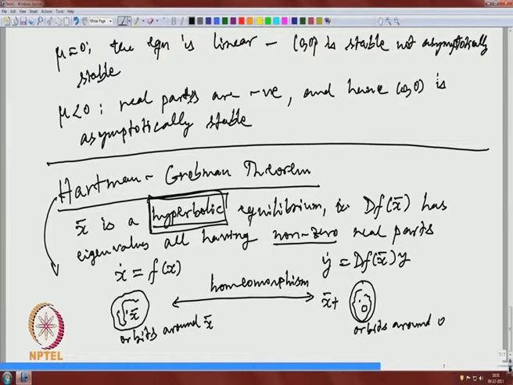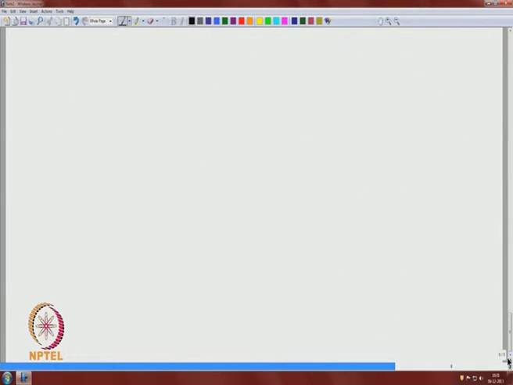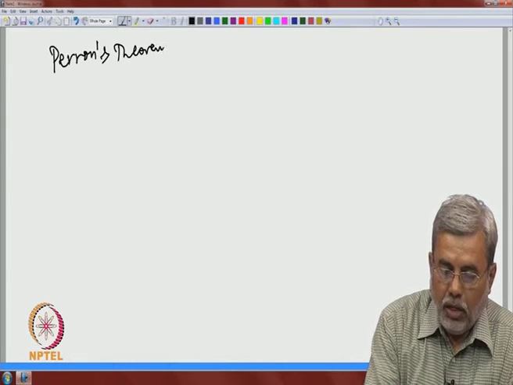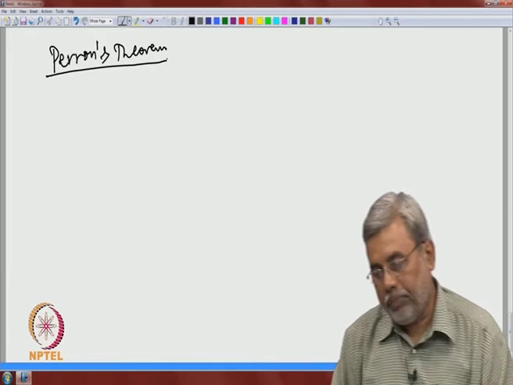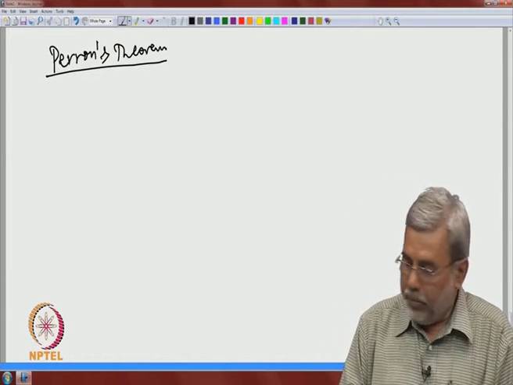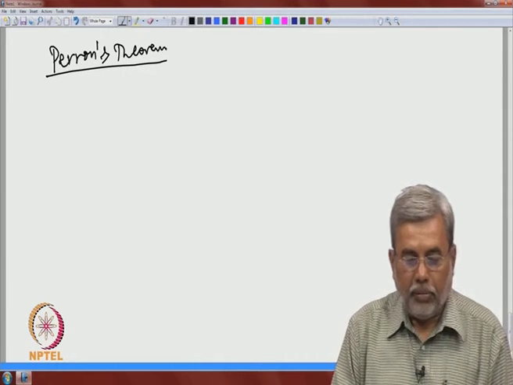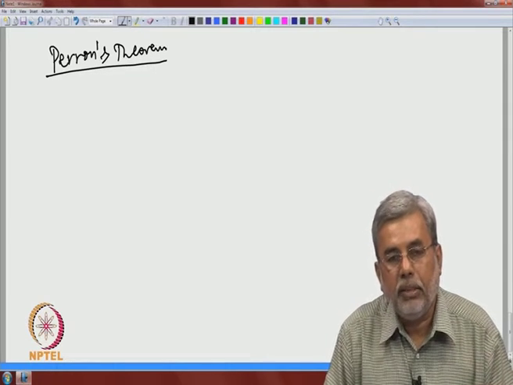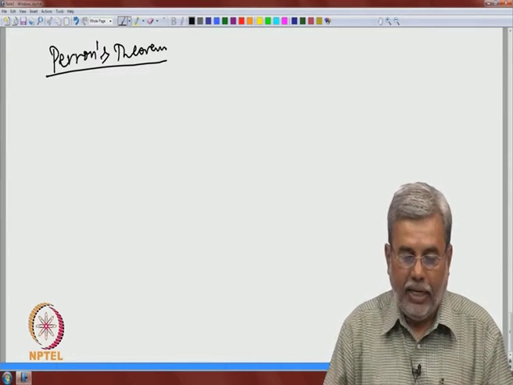A somewhat simpler and older result than the Hartman-Grobman theorem is referred to as Perron's theorem. Though it is not as precise as the Hartman-Grobman theorem, it gives us some sufficient conditions, again for comparison of orbits of nonlinear systems and linearized systems.